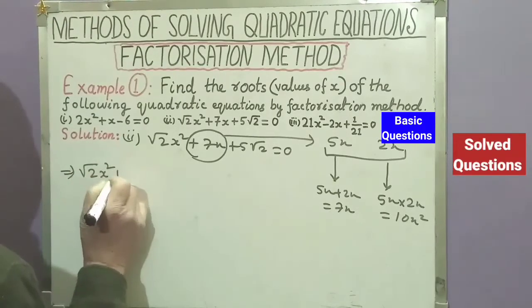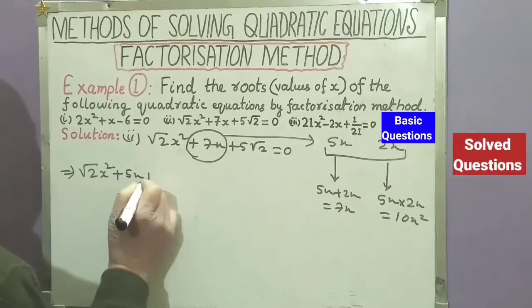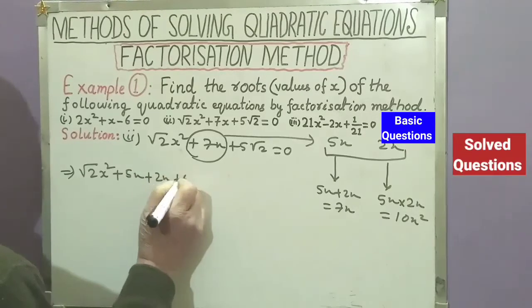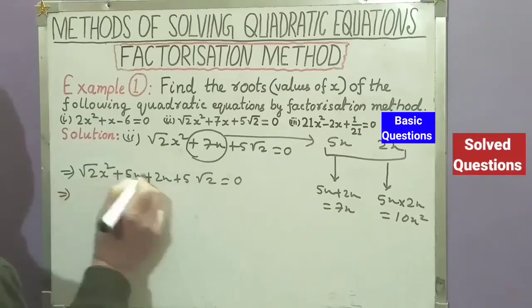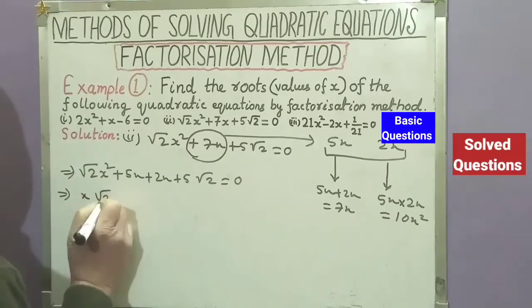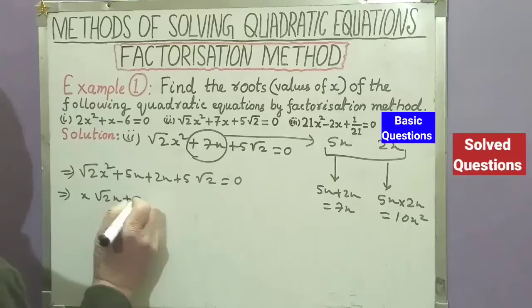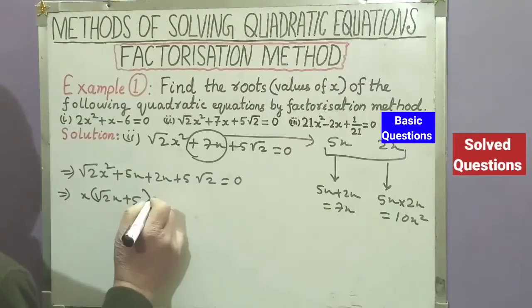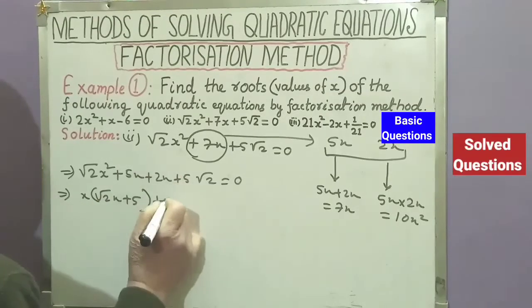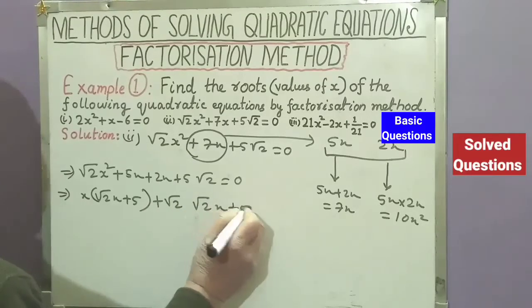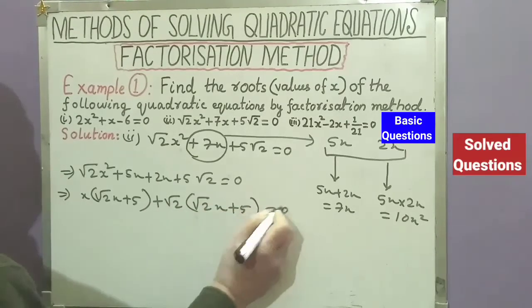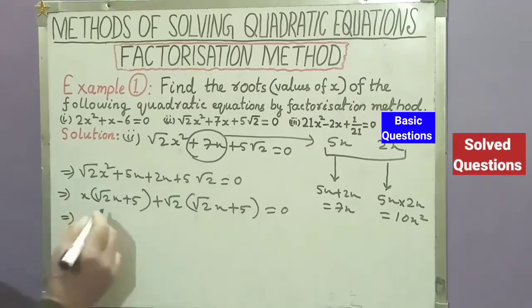That implies that √2x² + 5x + 2x + 5√2 = 0. Now taking x common, (√2x + 5), plus taking √2 common, (√2x + 5) equals 0.